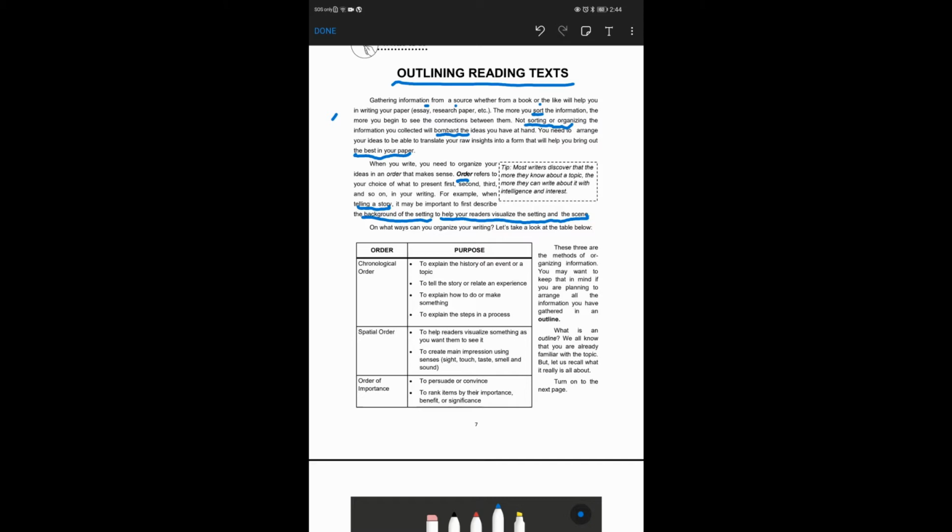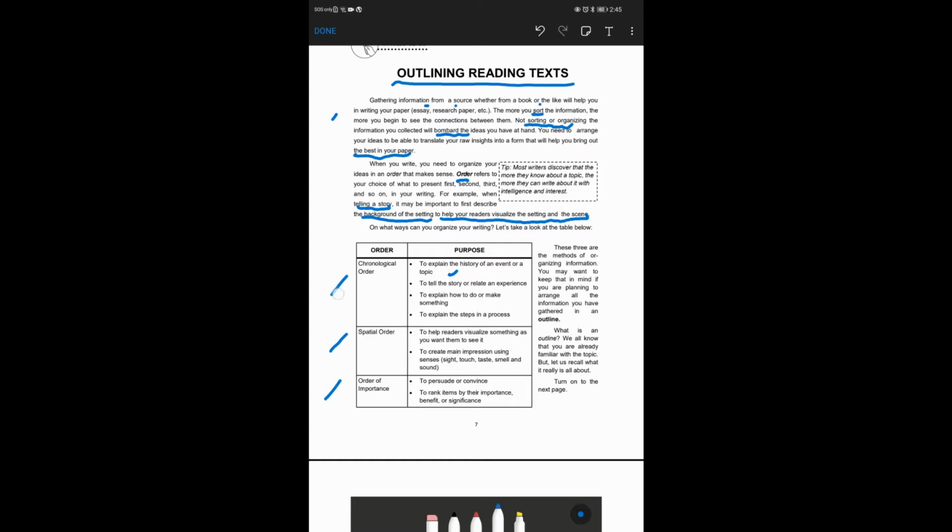Now, how do we organize information in our paper? There are different ways for us to organize our information, and look at this table. It contains three rows. We have chronological order. From the word chronological, as we have discussed this before, it's all about time. So it is used to explain the history of an event or a topic, to tell a story or relate an experience, to explain how to do or make something, to explain the steps in a process.